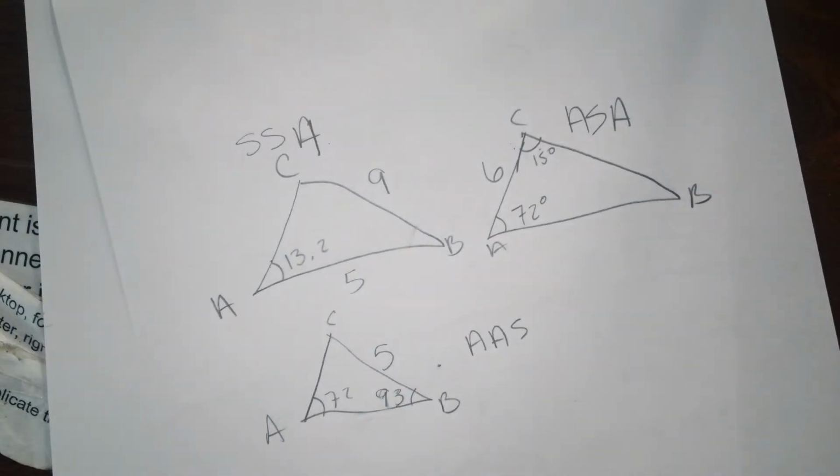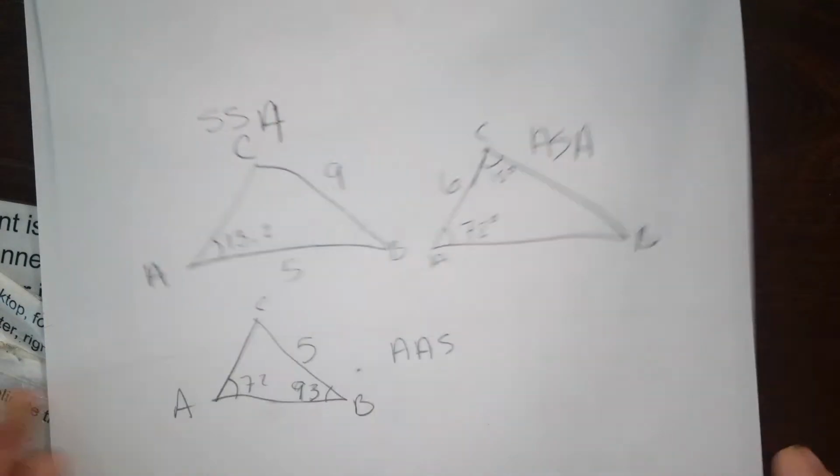So now how do we tell the difference between the ambiguous triangle and the others? For law of cosines, the only time we start off with law of cosines is if we have all sides or if we have a side, angle, side, which I did not draw up here.